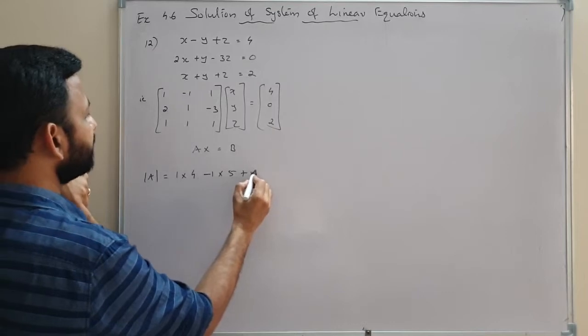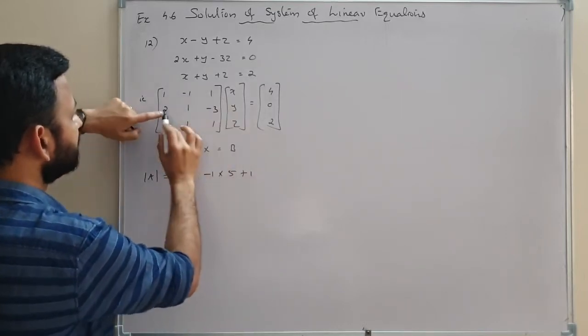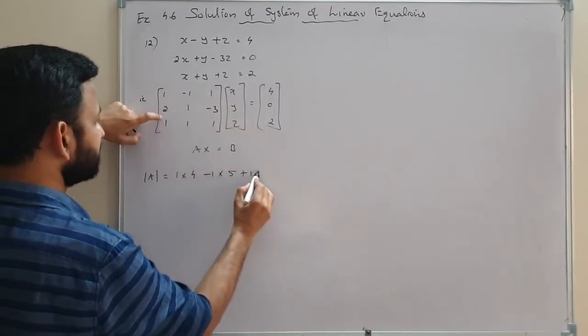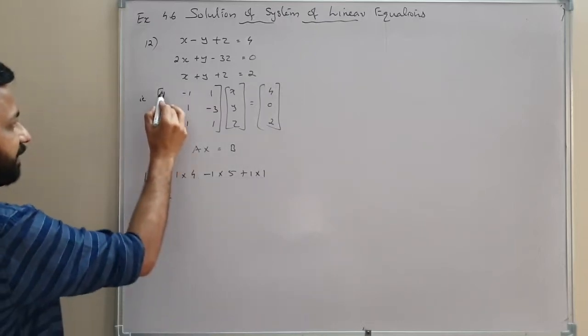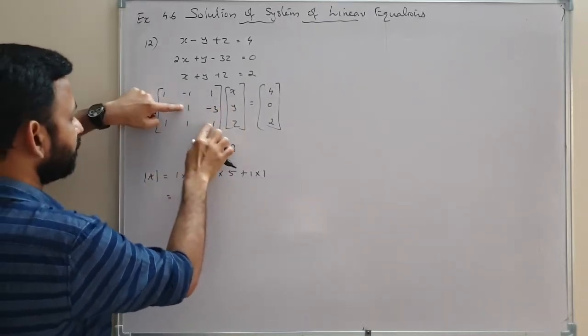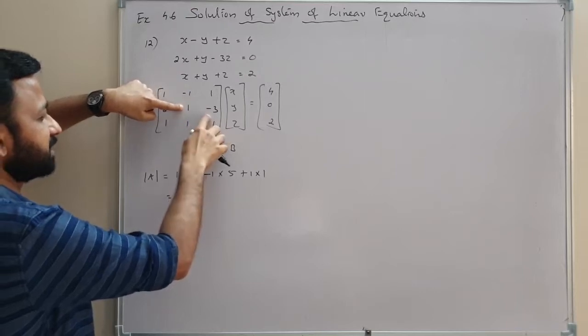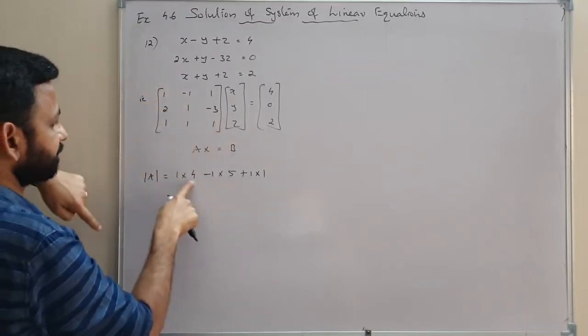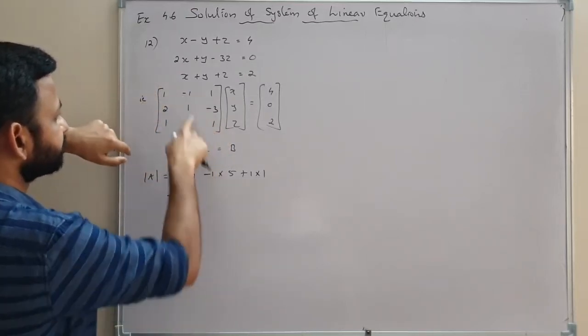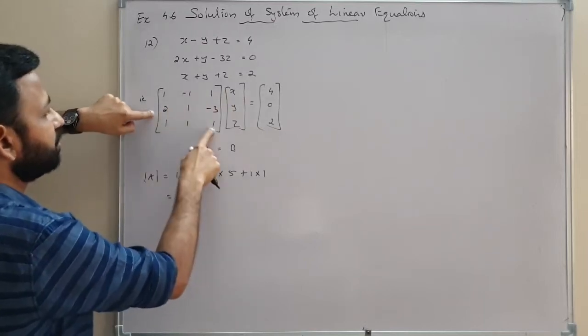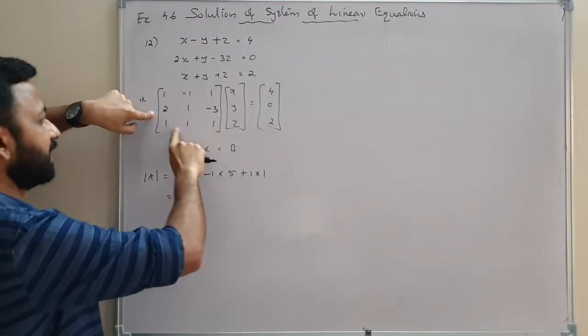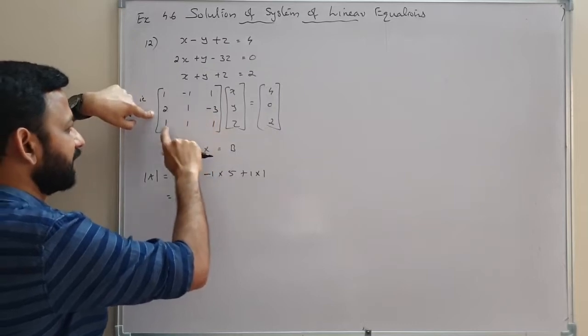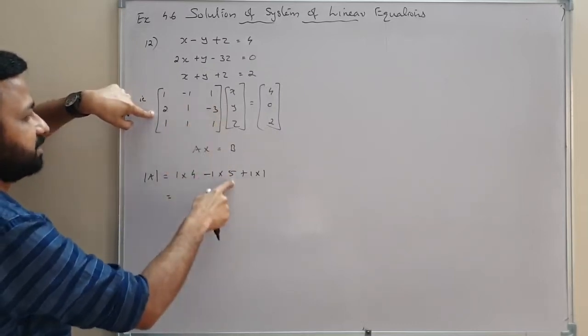Then plus 1 into 2 minus 1, that is 1. So once again we can verify: 1 into 1 minus 3, that is 1 plus 3, which is 4, so 1 into 4. Then minus 1 into 2 into 1, 2 minus 1 into minus 3, that is 2 plus 3, that is 5.